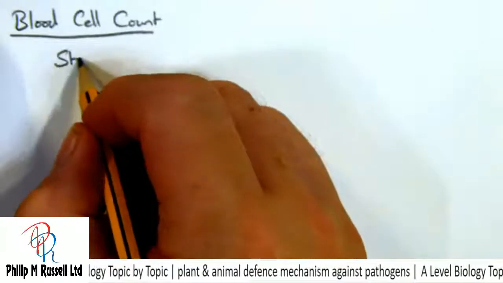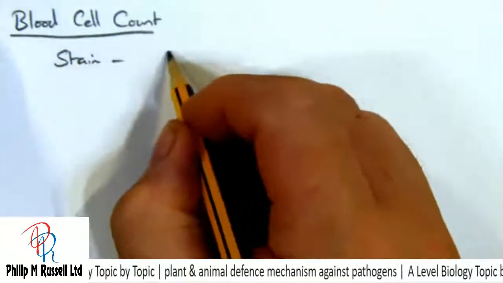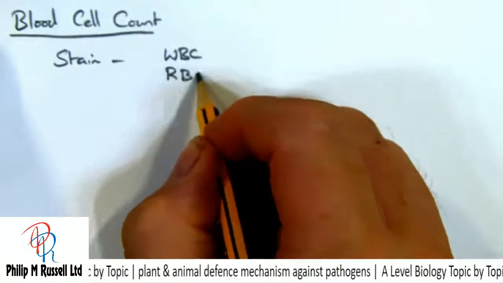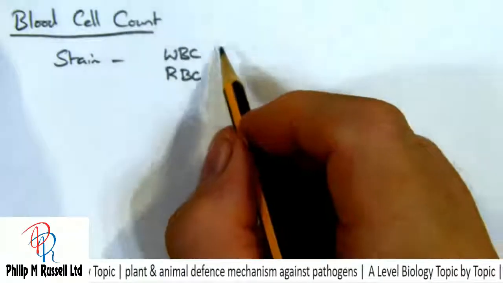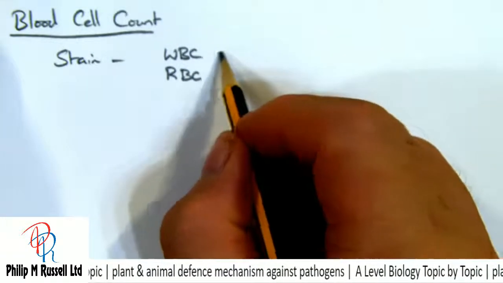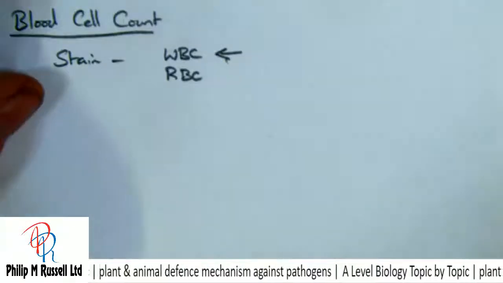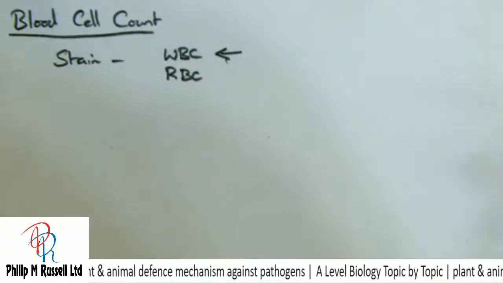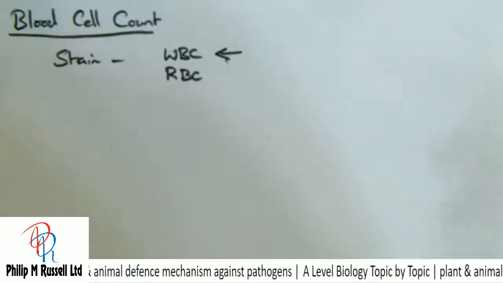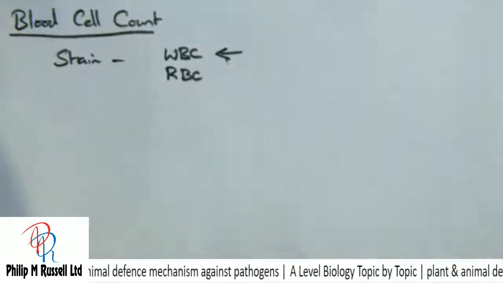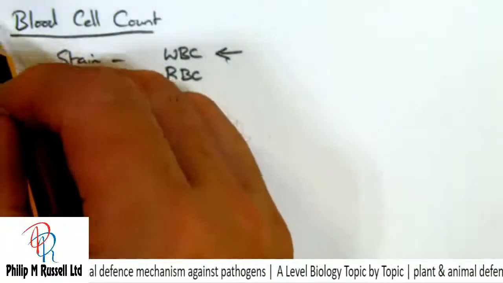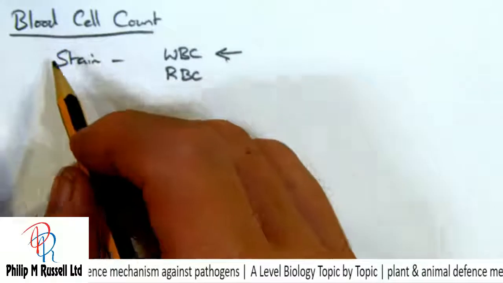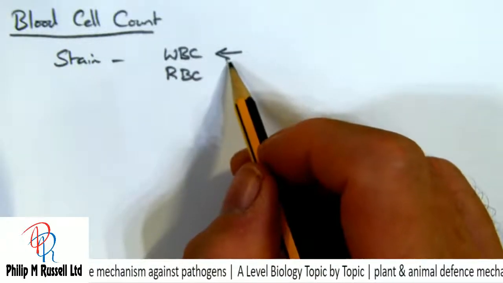If we stain this, then you can easily identify between the white blood cells and the red blood cells, and we're looking at the white blood cells to count up how we're doing with this infection. It gives us an idea of how well we're responding. So that's our third thing, that the blood cell count will normally rise as we have some sort of infection.